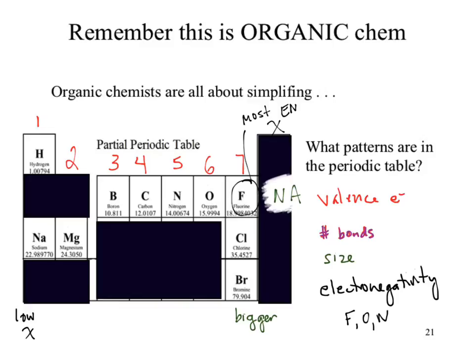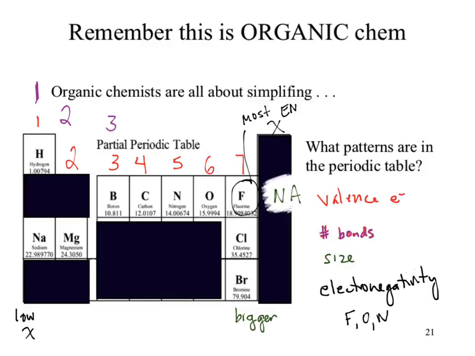How about we get to the last one, the number of bonds? How many bonds can hydrogen have? How many bonds can sodium have? 1, okay. So that column was 1. Magnesium. Boron.